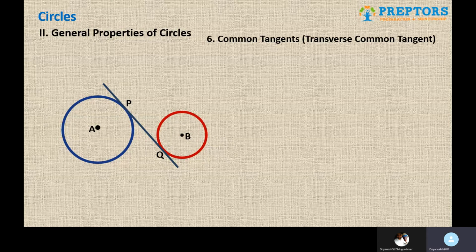The center points we know, A and B, and the touching points also we know. Then the property of the radius and the tangent, which is R1 and R2. So again what we can do is join the center to center distance D, and R1 is the radius, R2 is the other radius.